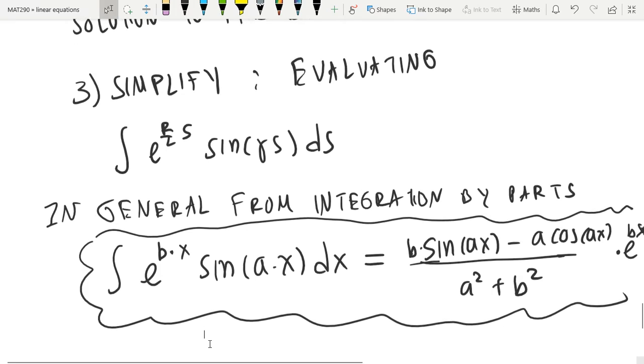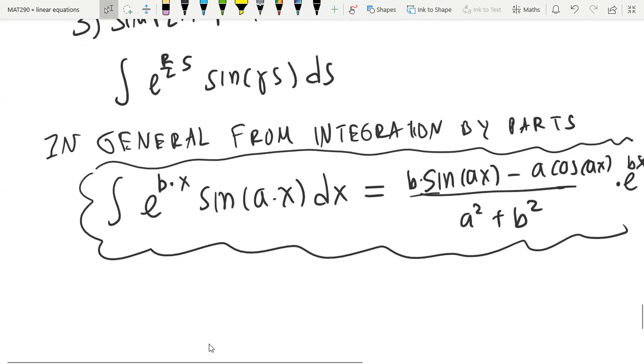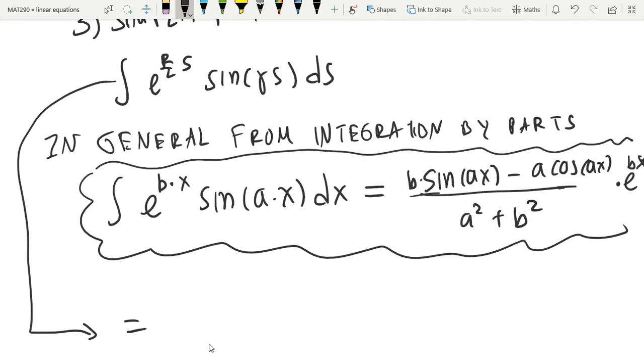So let's apply this to our case. So this integral will be equal to the following.